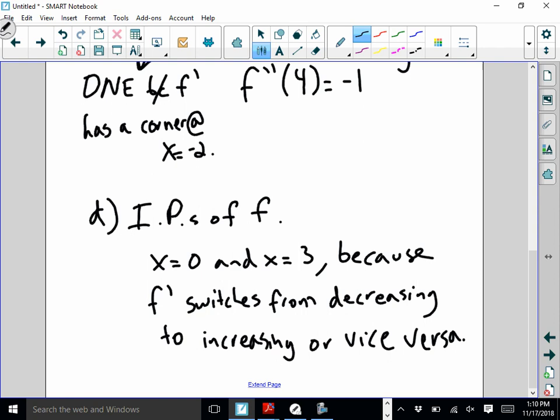One last thing before I go here. I just want to sketch a graph of f prime. When we look at a graph of f prime, we should be able to identify a lot of stuff right away. So, let me just make one up here.